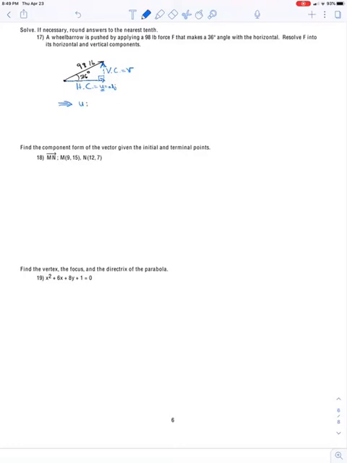So let's go ahead and do that. As we involve cosine, that involves the adjacent side. So we've got the cosine of 36 degrees equals the adjacent side, u, what we're looking for, divided by the hypotenuse, which is that force vector, 98 pounds, the side opposite the 90-degree angle in our drawing. So there's our definition of cosine, adjacent over hypotenuse.